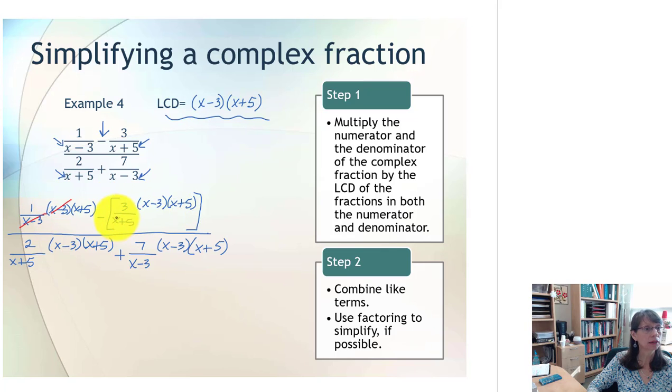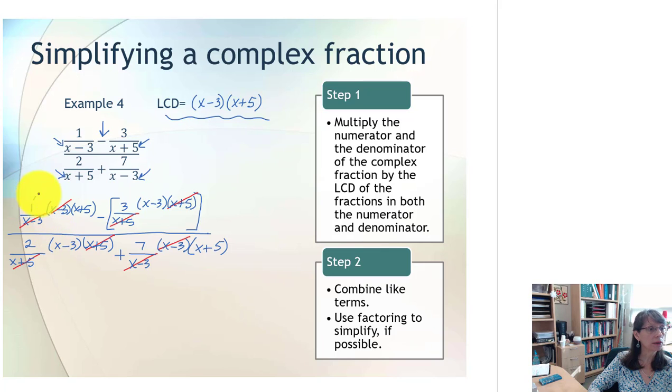Inside the bracket, I have a quantity of x plus 5 in the numerator reducing with quantity x plus 5 in the denominator. Again, no fraction remains in that bracket. In our denominator of the complex fraction, quantity x plus 5 reduces, and our last term, quantity x minus 3 reduces. So now what we need to do is go back and rewrite what terms we're left with.